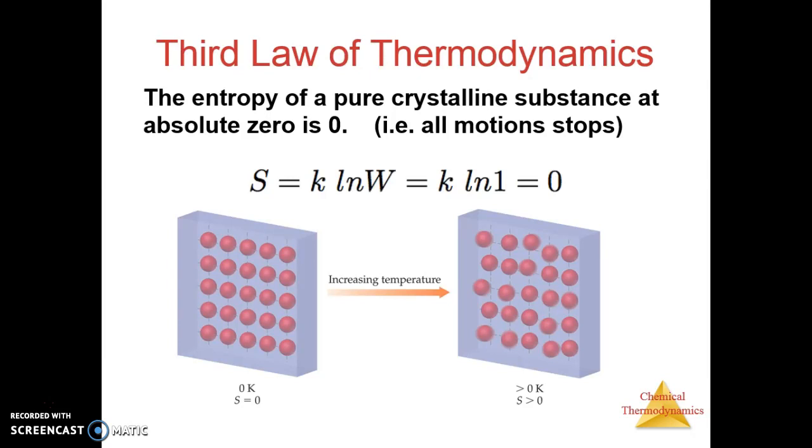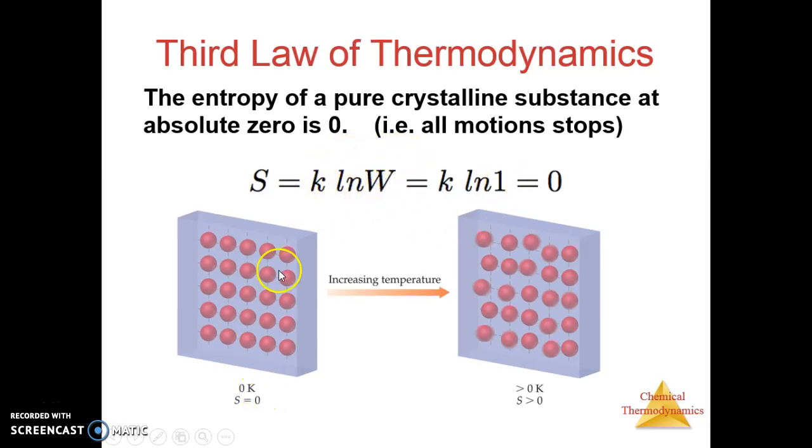So basically, at absolute zero, all motion stops. If there is no motion, there is no possibility of microstates. Taking Boltzmann's idea, you've got S is equal to k times the natural log of the number of microstates.